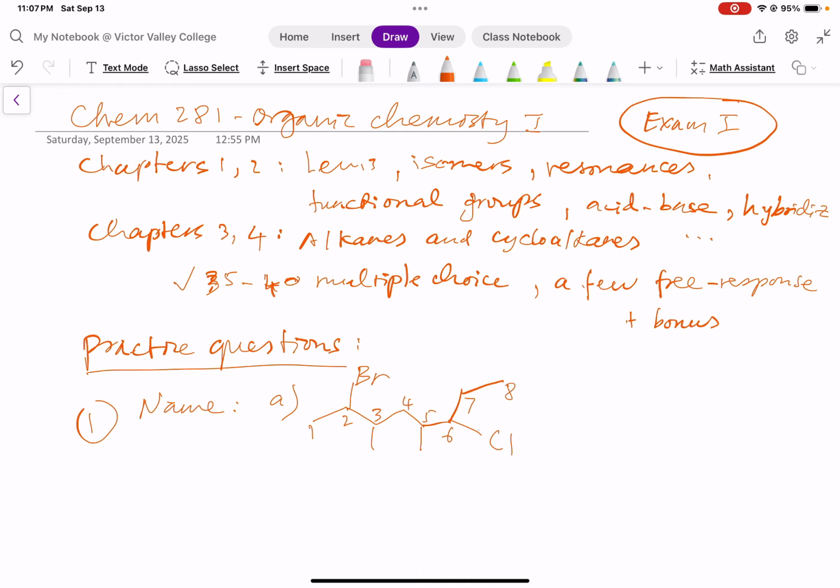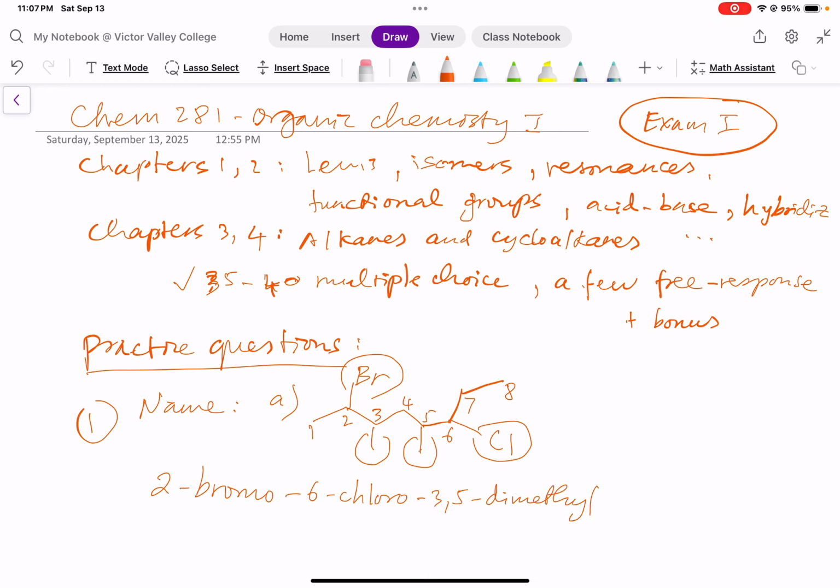So we're going to circle the branch, and that's another branch, that's another branch, and that's a branch. Okay, so this should be a 2-bromo, okay, and then 6-chloro, alphabetical order, and you got 3,5-dimethyl.